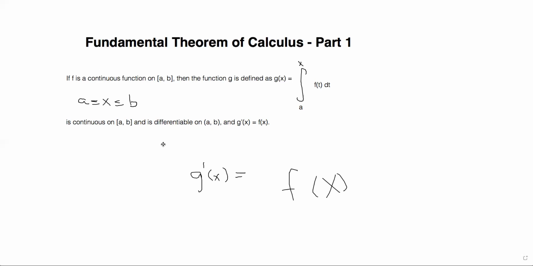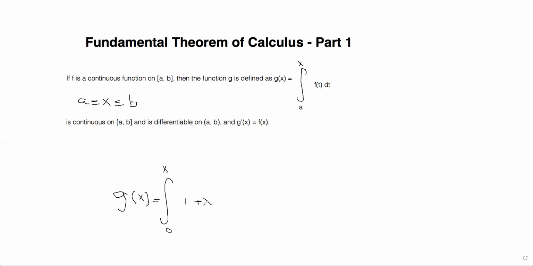So it would work. Let's try an example. Let's try this. So let's say we have the integral going from 0 to x, and this is g of x. g of x is defined as the integral going from 0 to x of 1 plus x squared dx. Can you find the derivative of this for me?